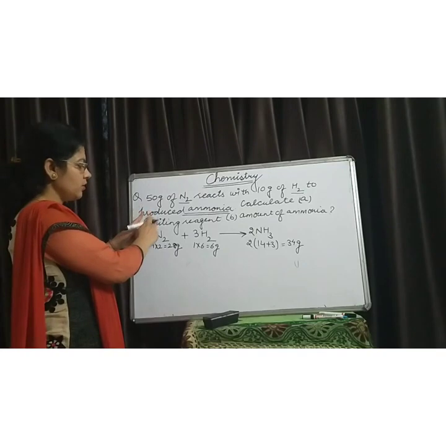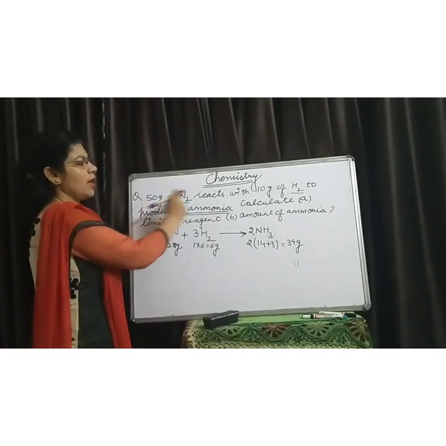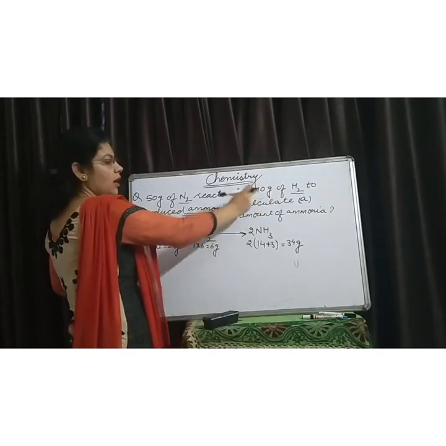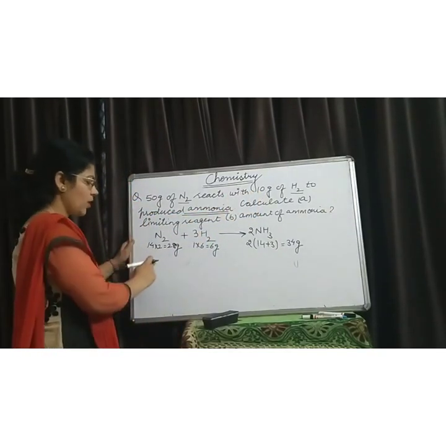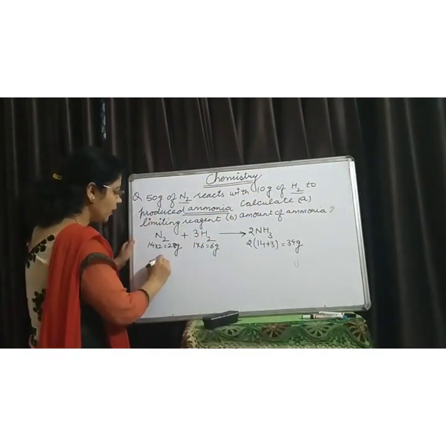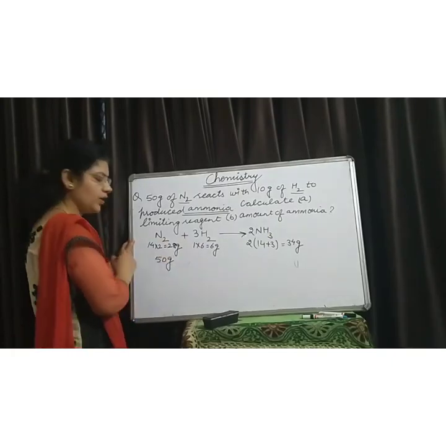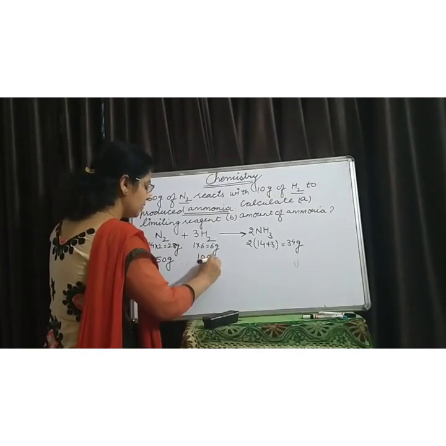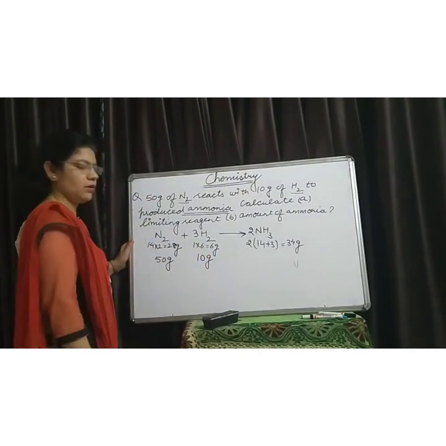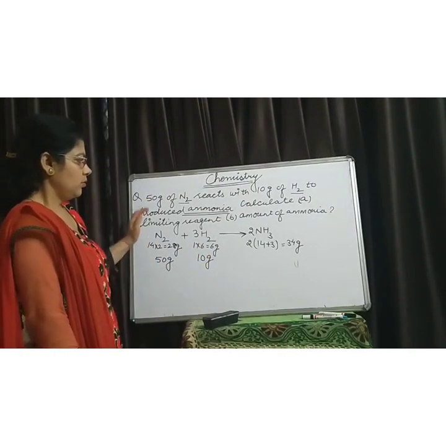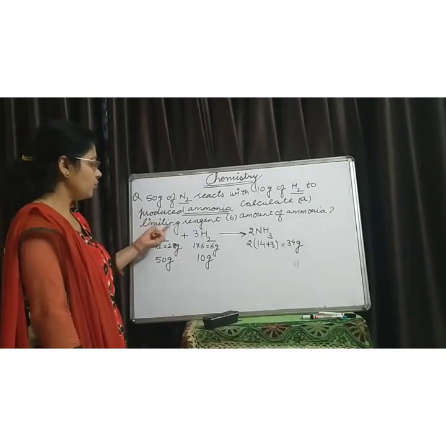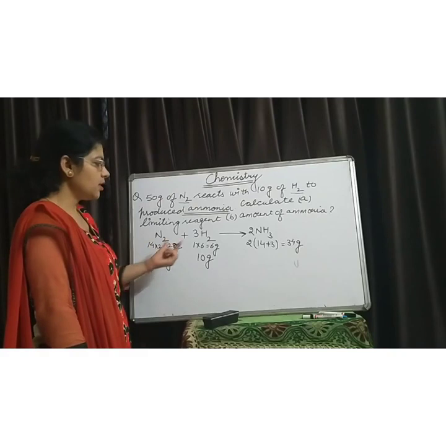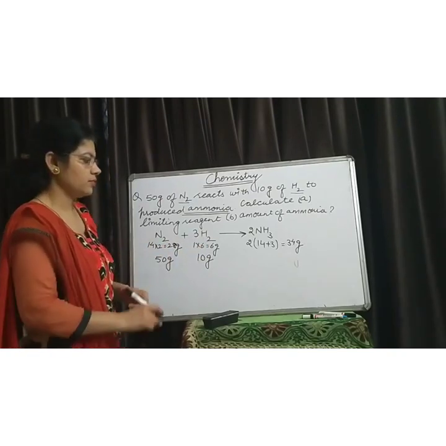Now in this question, the amount of nitrogen as well as hydrogen are given to you. I write here the amount of nitrogen, that is 50 grams, and the amount of hydrogen, that is 10 grams. First of all we have to calculate the limiting reagent in this chemical reaction.